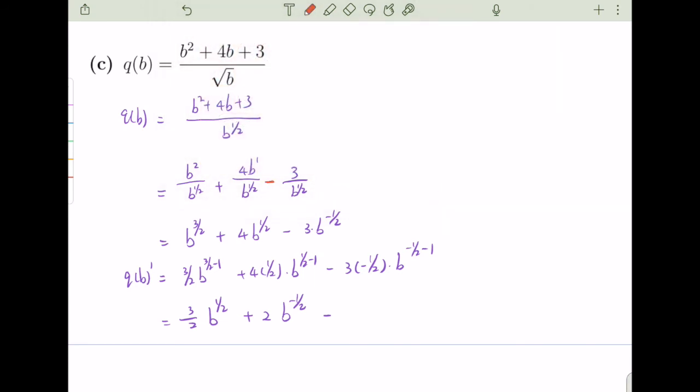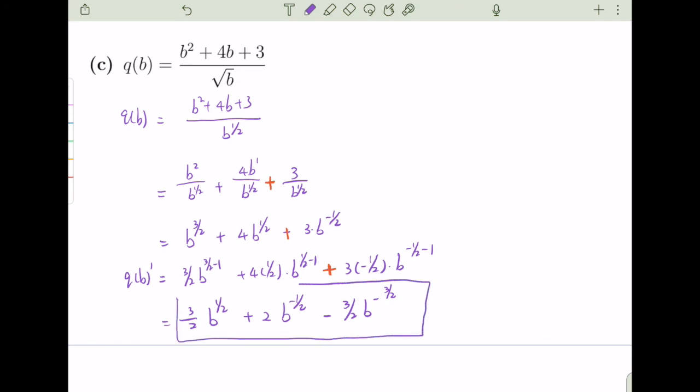It should be plus here. Minus 3 over 2 b to the negative 3 over 2. So that is our final answer. So that's a lot easier than using the quotient rule.